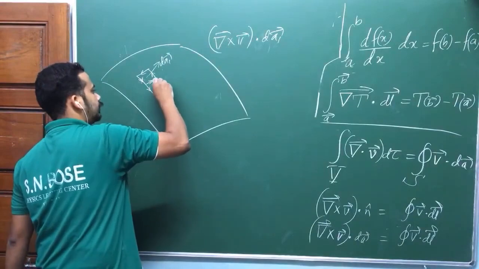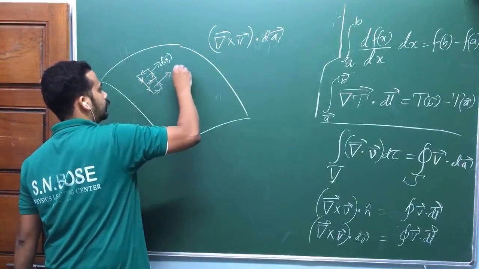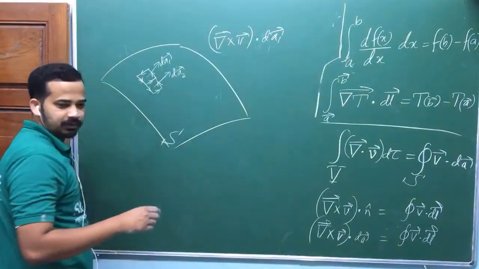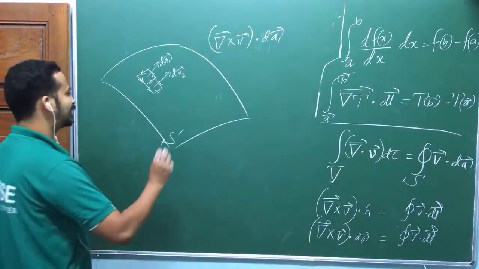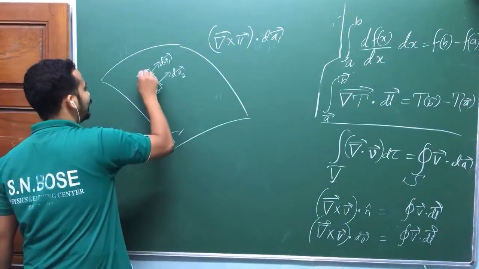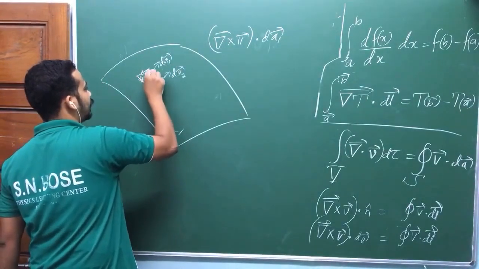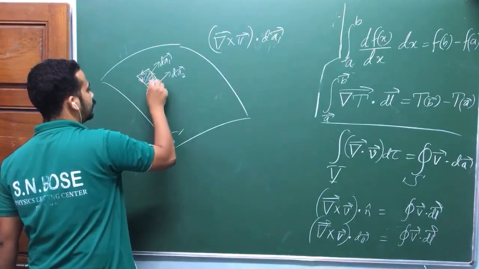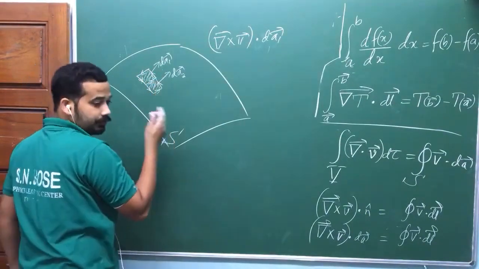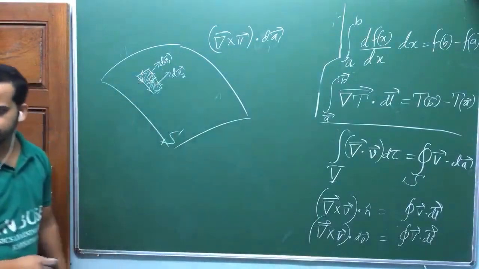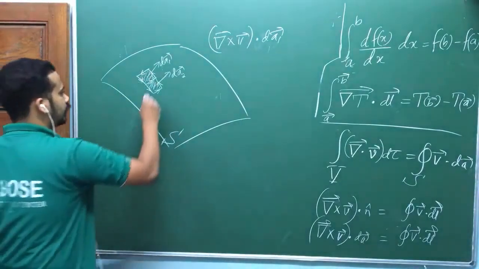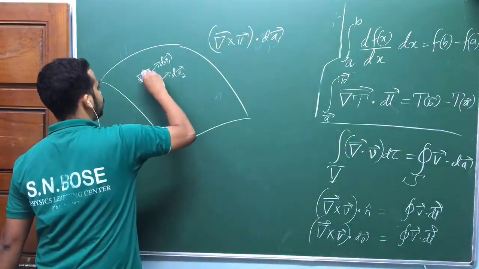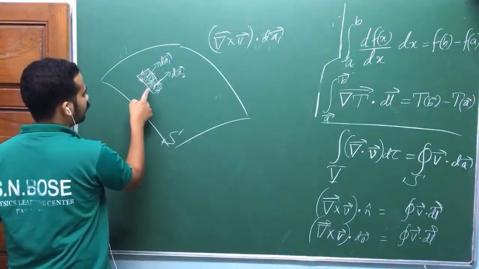Whatever, I just got the idea, I'm just explaining. Everyone gets the idea after teaching for some time. Maybe you will find these things in some book. That's what I'm saying. So dA vector like this. Now this part is cancelled.